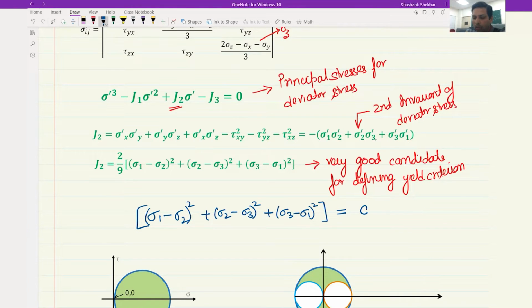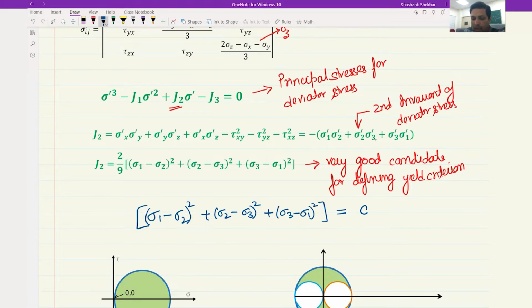Now, if you take this as the definition of yielding, then you can see it is taking into account the overall stress state. It is taking into account only the shear stresses, as we expect that only shear stresses cause plastic deformation, and it is a function of deviator stress, and it is a function of the invariants of the deviator stress.